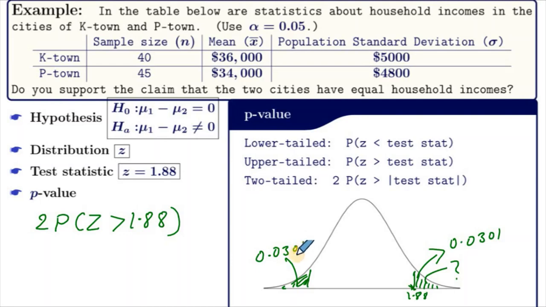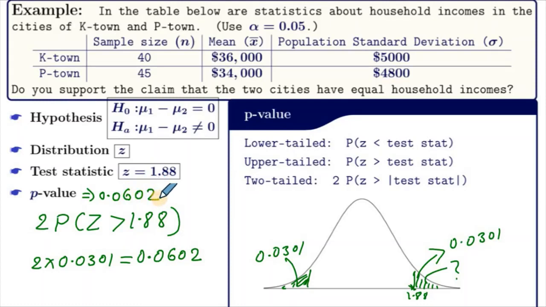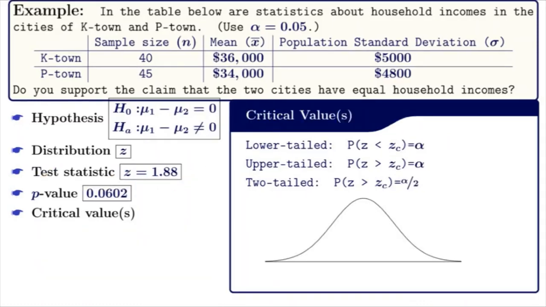So to get p-value, all we'll be doing is multiplying this number by 2. So it would be 2 times 0.0301. So this thing is equal to 0.0602. So this is our p-value. So let me write that down over here, 0.0602.